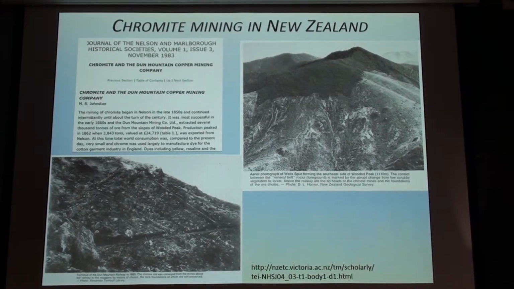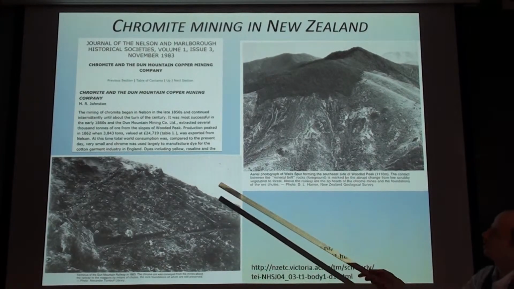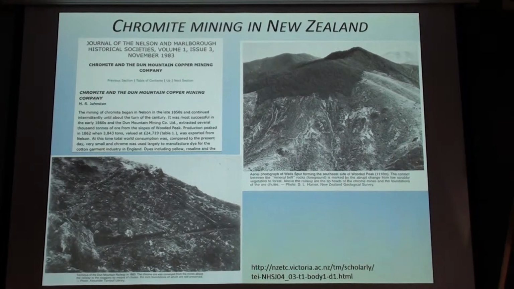And chromite was actually explored and exploited for a while in the 1800s near the Dun Mountains, as you would expect. But it's not being exploited these days. It was just in the 1800s, 1860s. And you can find a bit more history on that address.